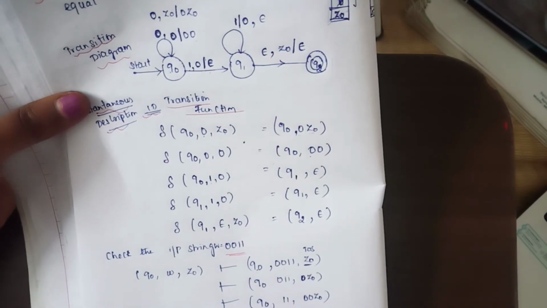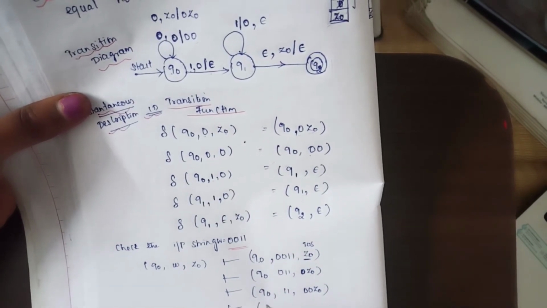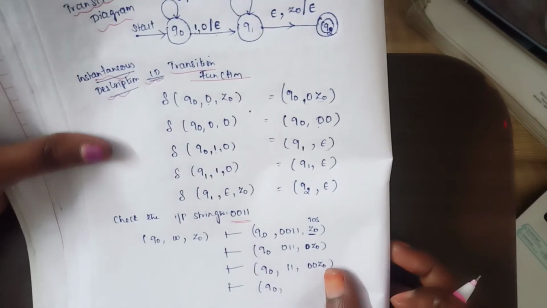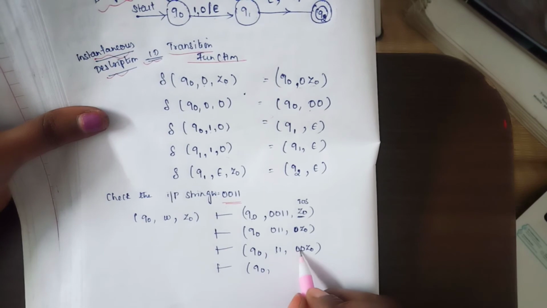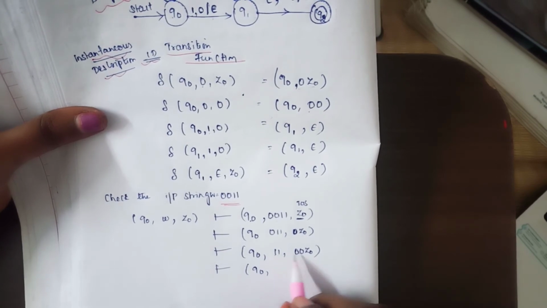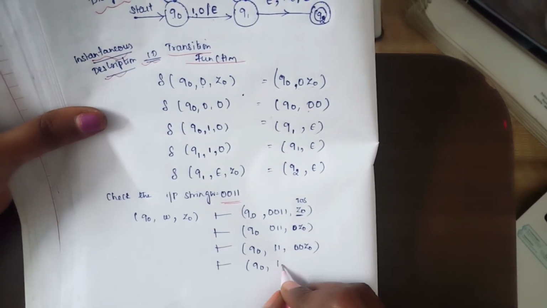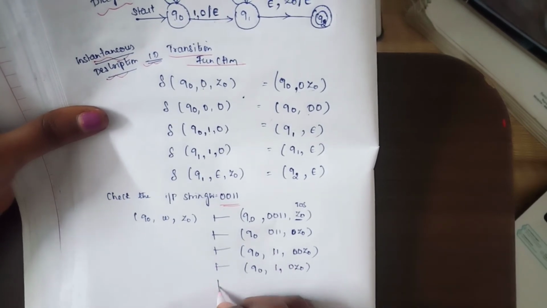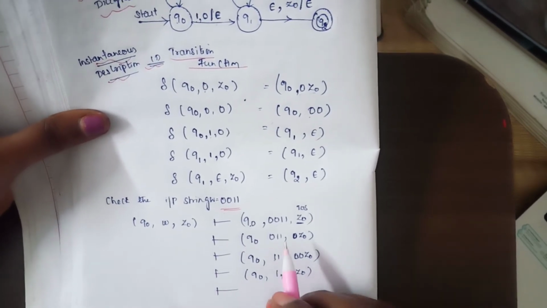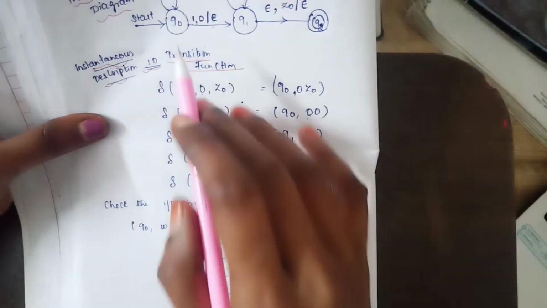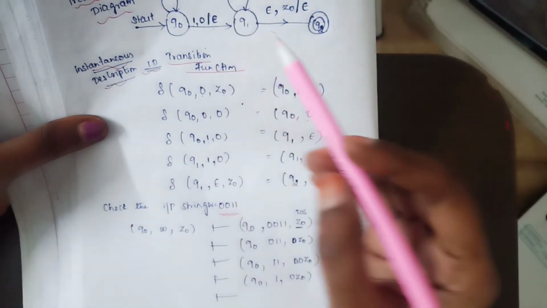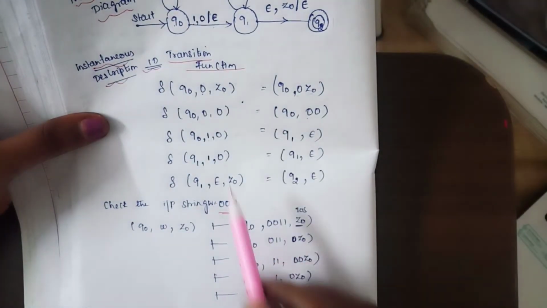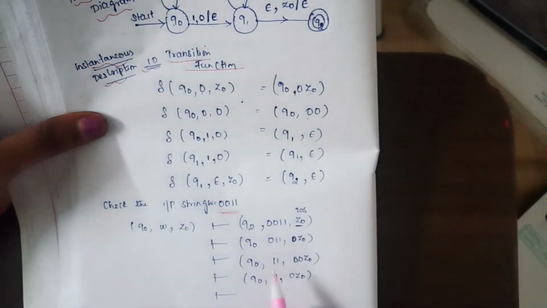Then q0, now when I see this 1, the 1 and 0 get cancelled and I'm left with a 0. So when you see this state, q0 on 0, any number of zeros, it has to stay in the same state, which is q0.